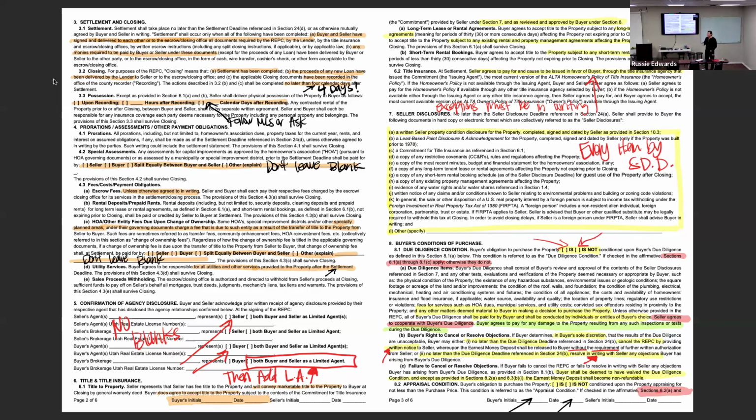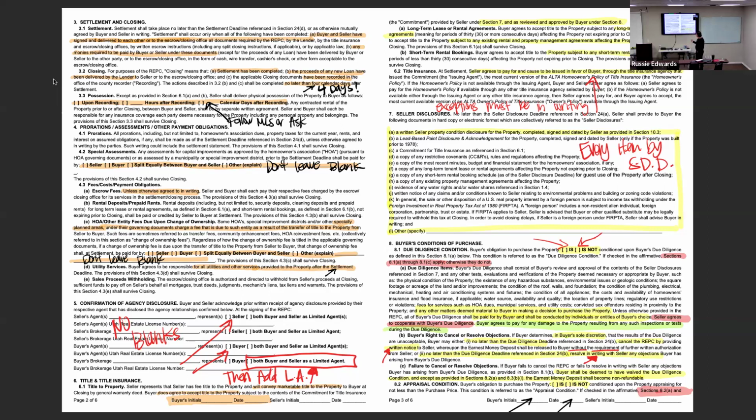So the second you get a listing, start your process. If you know you're going to get it signed but not go on the market for a week, get title work started and done. If you know there are tenants, whether short or long term, start gathering all that information. You have a short window of time to get it to the new buyer.